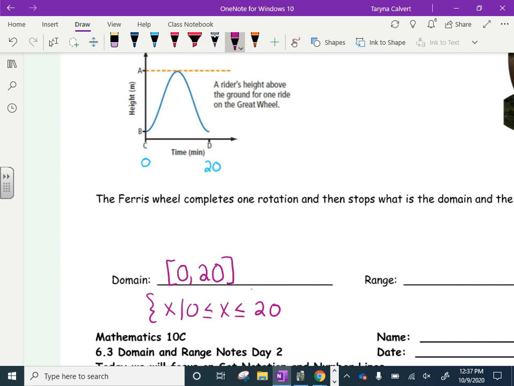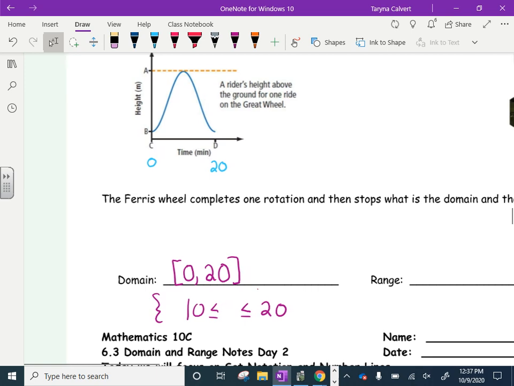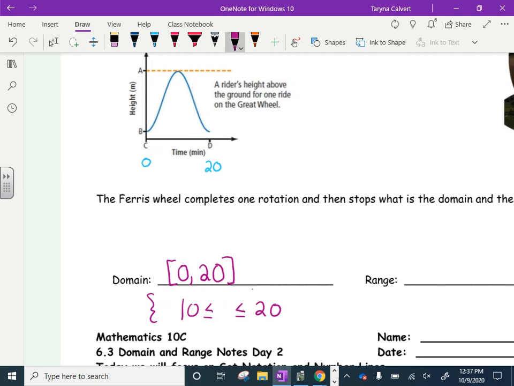Just because it's time, I want to use a t instead. Could you use x? Yeah, because the axis isn't actually labeled, so I could have used x. It's just bothering me because it's time, so I'm going to change it to a t instead.